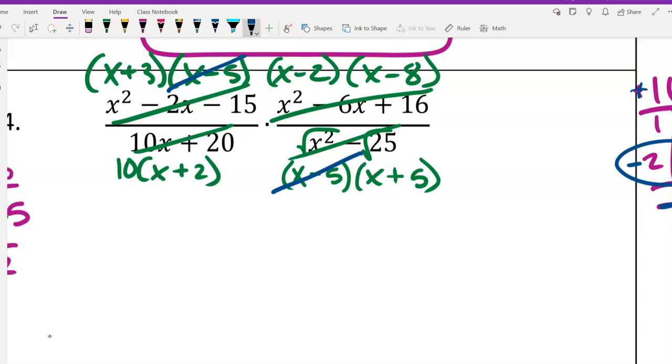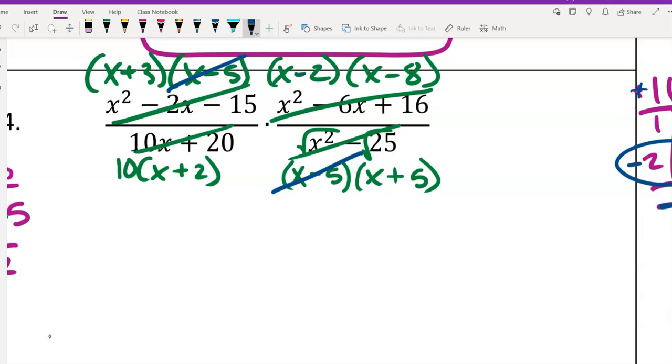Ooh, this one we're not going that crazy. Okay, I guess that's it.